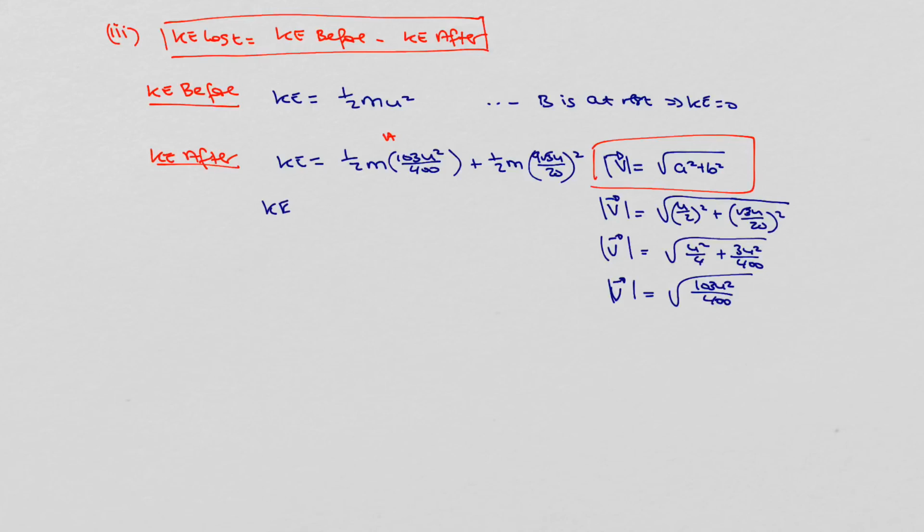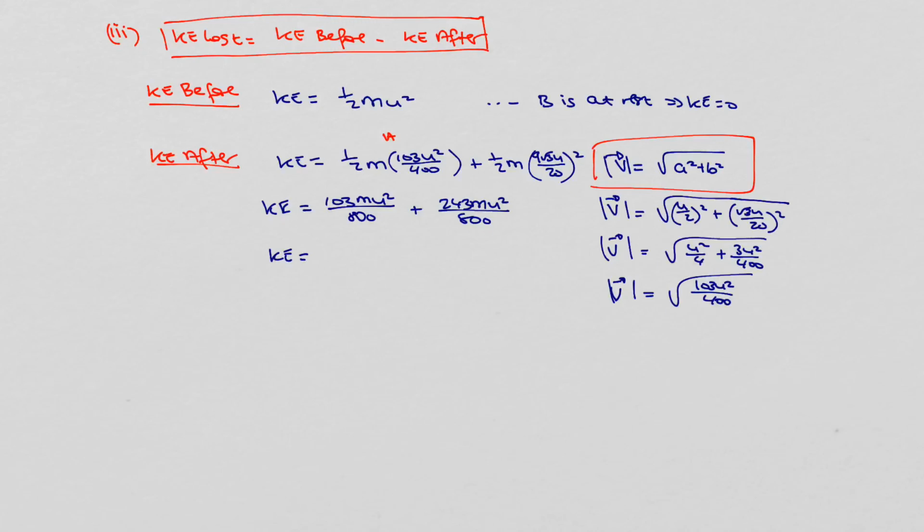If I simplify my kinetic energy after, that's a half m times 103u squared over 800 plus 243 mu squared, and that's over 800 as well.